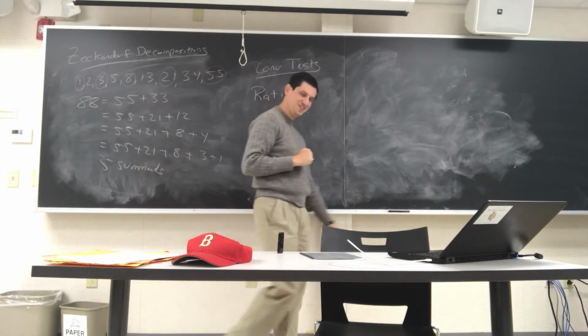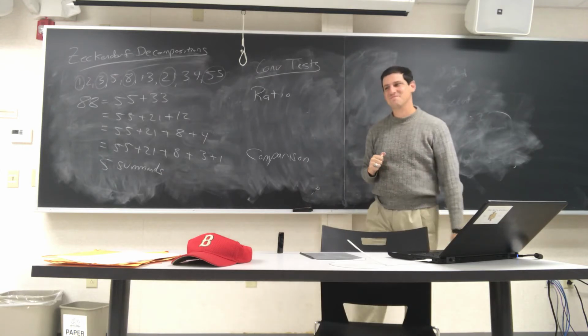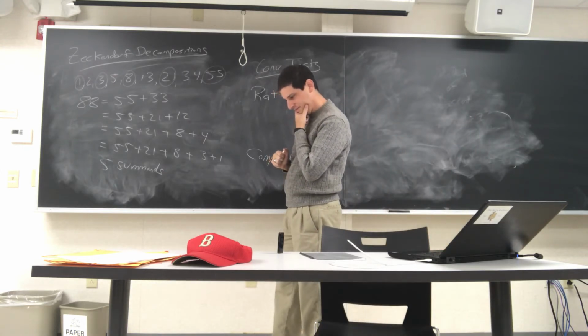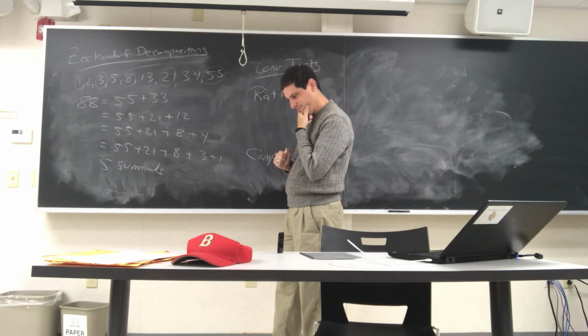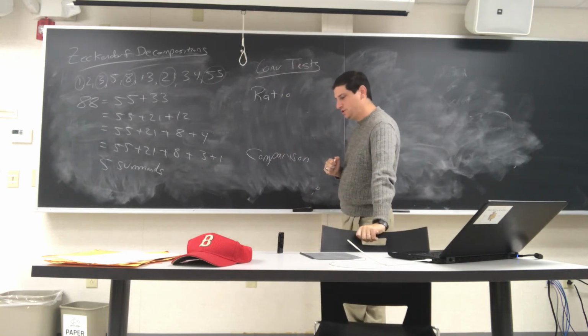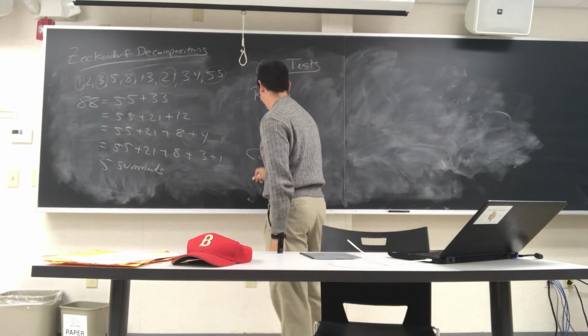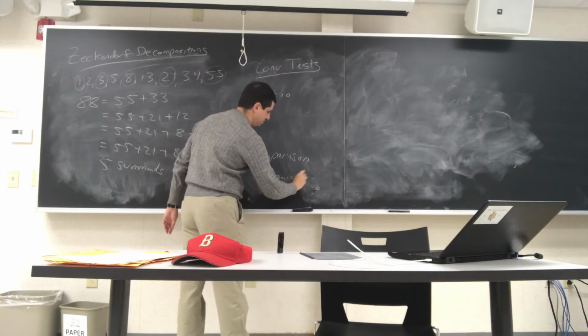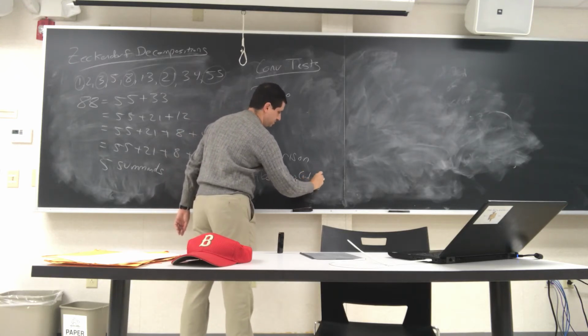What's the absolute value test? If the sum of the absolute values of each individual term converges, then the normal sequence converges. Okay, so that's basically, if a series is absolutely convergent, then it's conditionally convergent. Yeah. Sure, I'll put that up there. Absolute convergence implies conditional convergence.